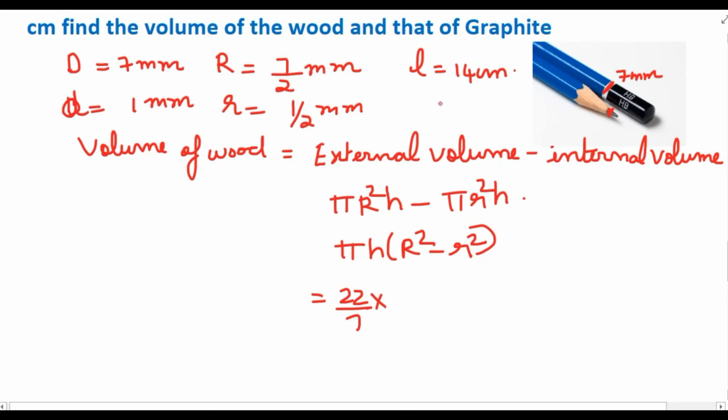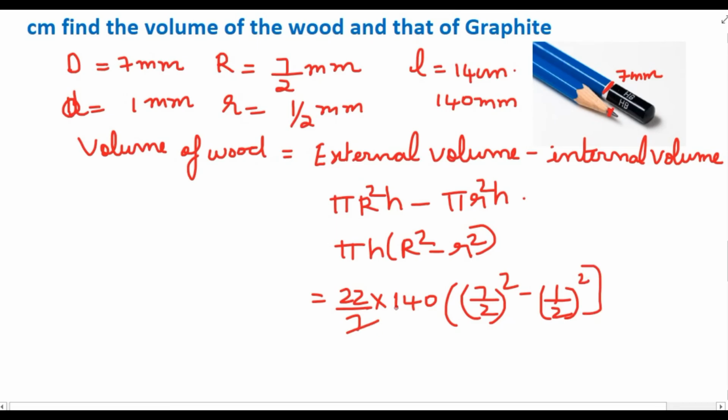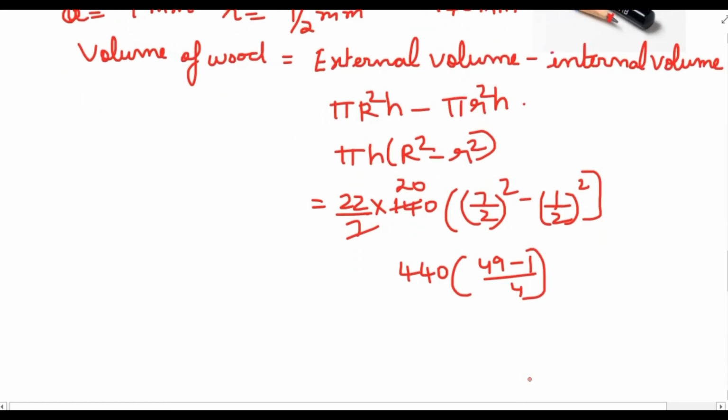We need to convert into millimeter. 14 centimeter means 140 millimeter because the radius is in millimeter. It is 140 millimeter, times 7 by 2 the whole square minus 1 by 2 the whole square. Now when you simplify this, 22 into 20 is 440, into 49 minus 1 by 4, which is equal to 48 by 4.